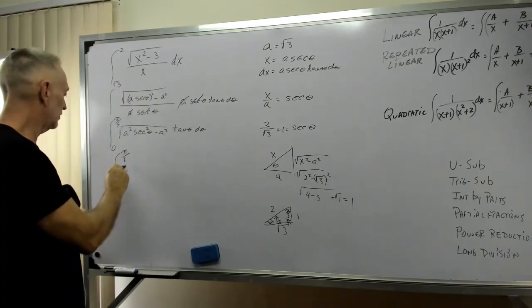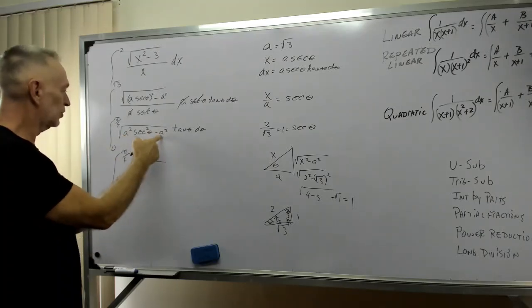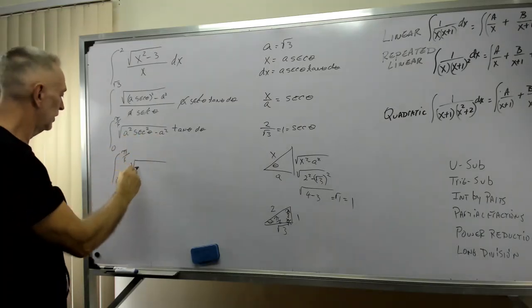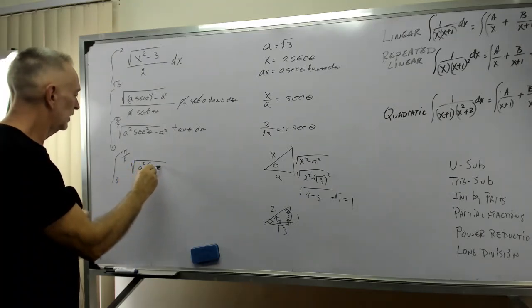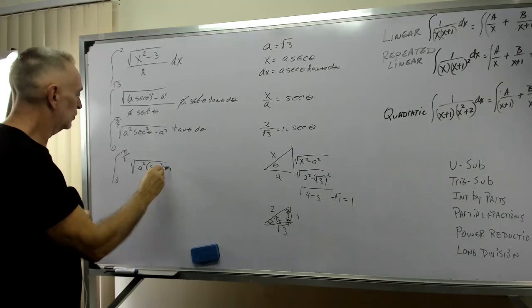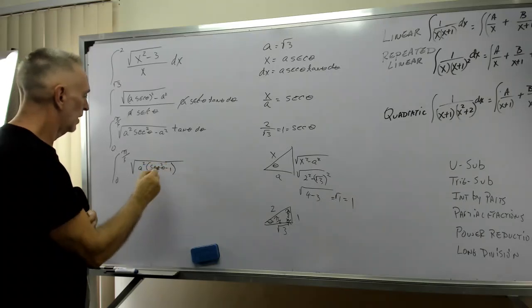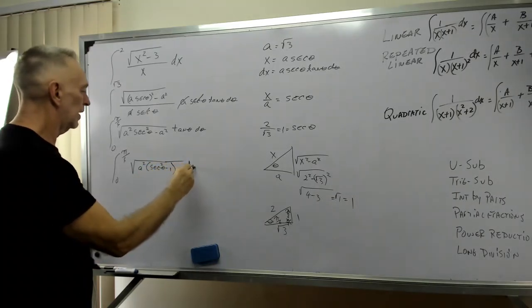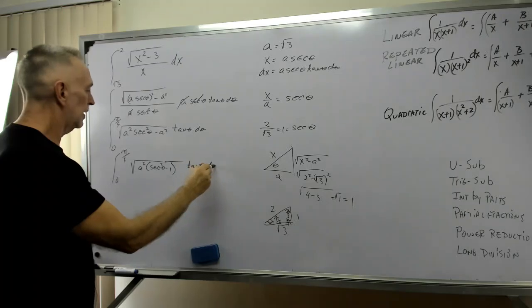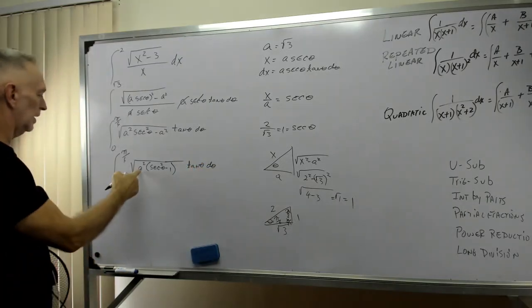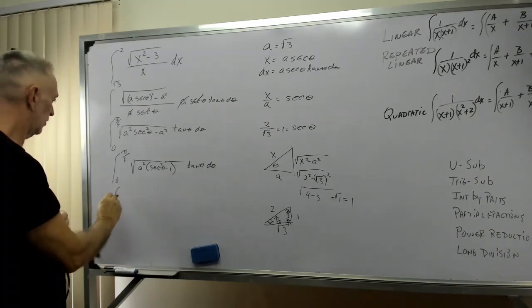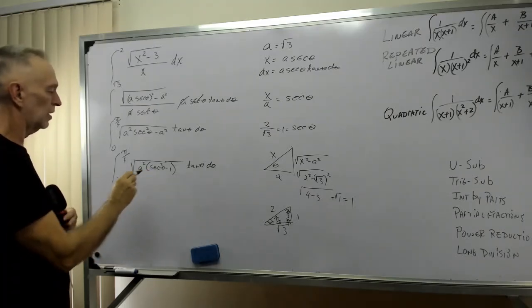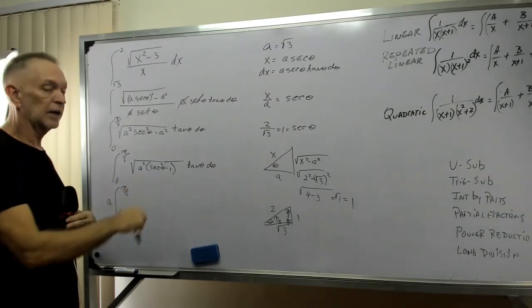Pi over 6, I'm going to factor the a squared out of both terms. So now I have a squared times secant squared theta minus 1 times tangent theta d theta. The square root of a squared is a, times the integral to pi over 6 of, what's secant squared theta minus 1?